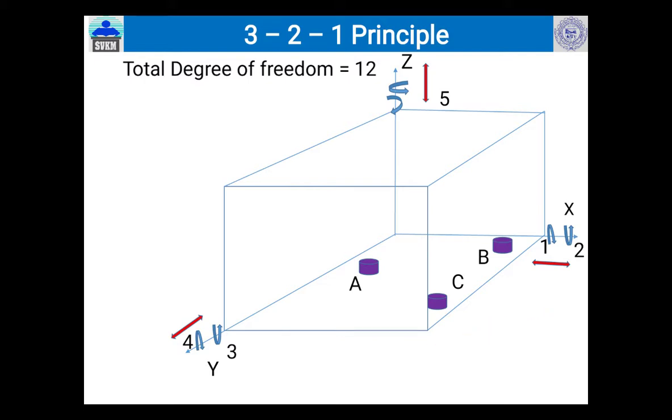Now by adding 2 more pins perpendicular to the plane of the previous 3 pins, that is pin D, pin E, in that case we can further stop 2 motions, that is Z clockwise and Z anti-clockwise.